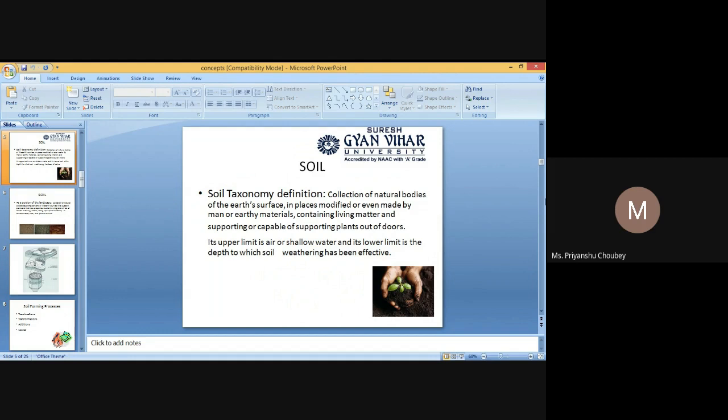When the tops of peds are relatively angular and flat, it is called prismatic, and when rounded, it is called columnar. Prismatic structure commonly occurs in subsurface horizons in arid and semi-arid regions, and in poorly drained soil of humid regions having swelling type of clay.